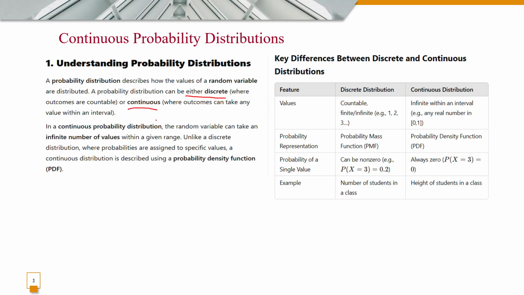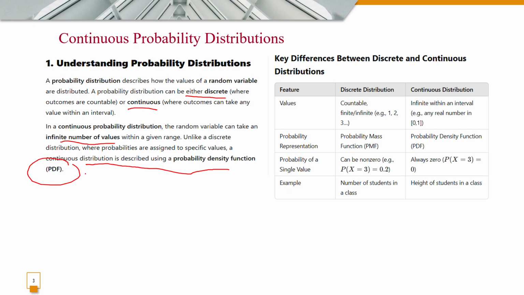In a continuous probability distribution, the random variable can take an infinite number of values, and unlike in discrete, where probabilities are assigned to specific values, a continuous distribution is described using a probability density function. So we are now in PDF.